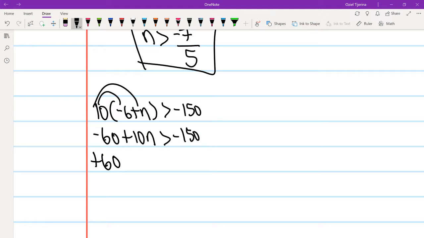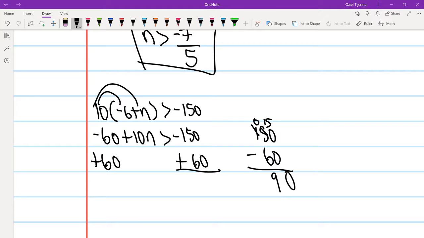You add 60 on each side, and it's like saying 150 minus 60, which would be negative 90.